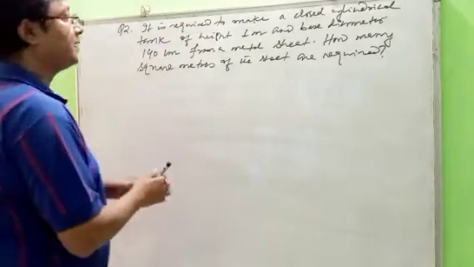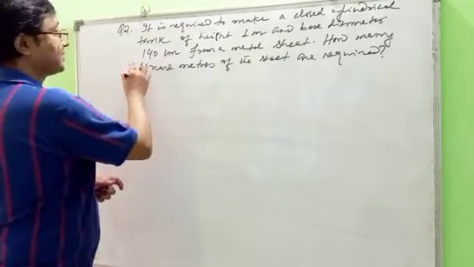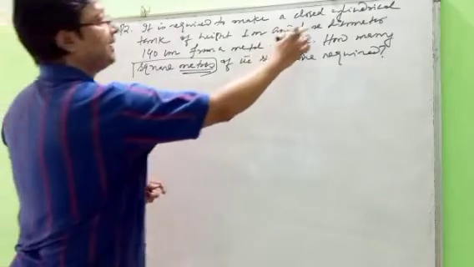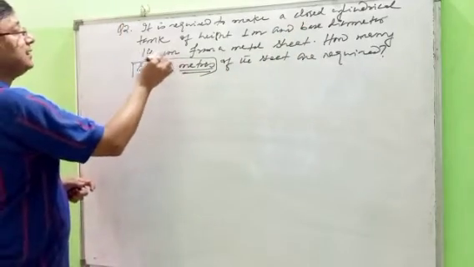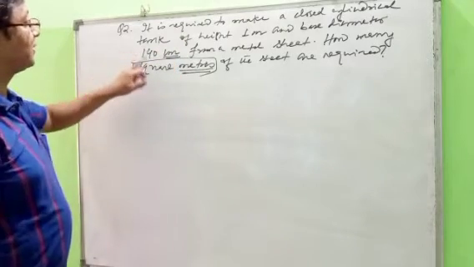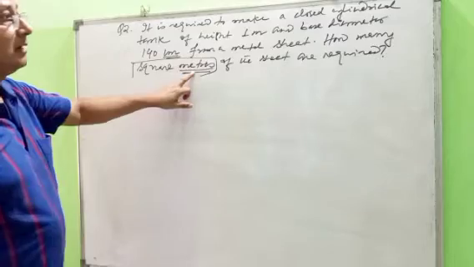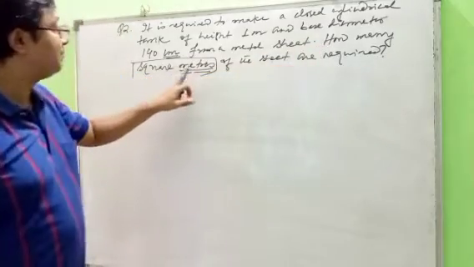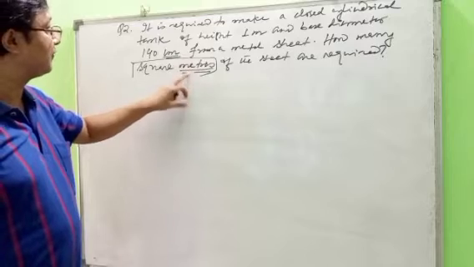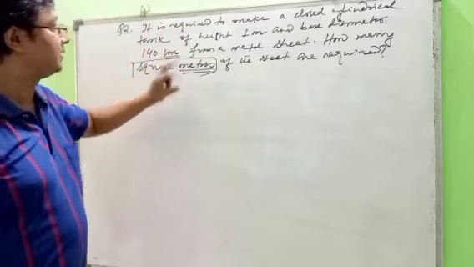Now here they have asked how many square meters, but the base diameter is given in centimeters. So you are going to convert centimeter to meter, because they have asked for square meters, not centimeters. That is why first you will convert the centimeter into meter.